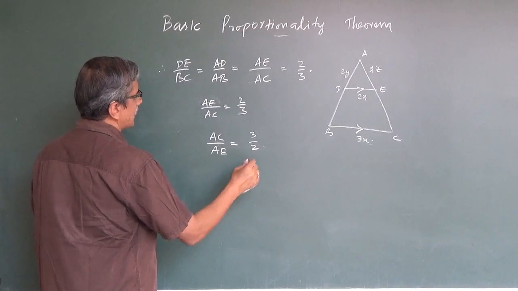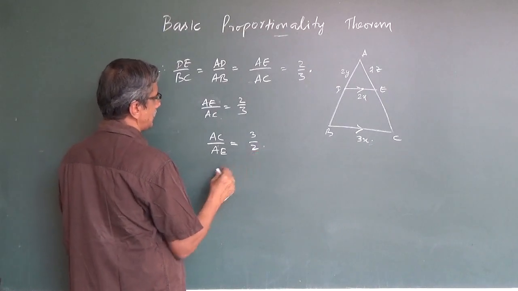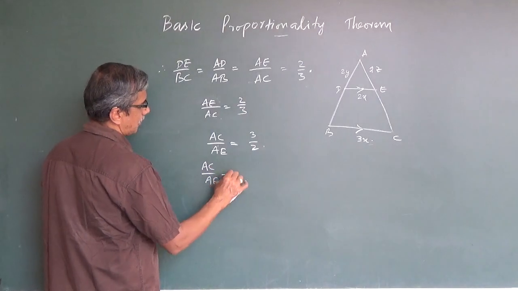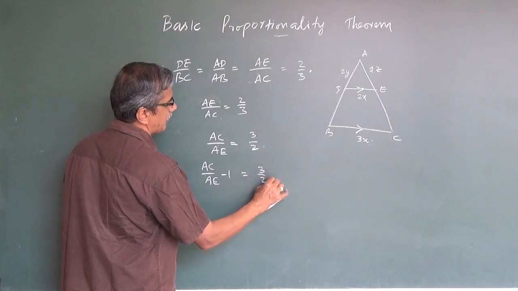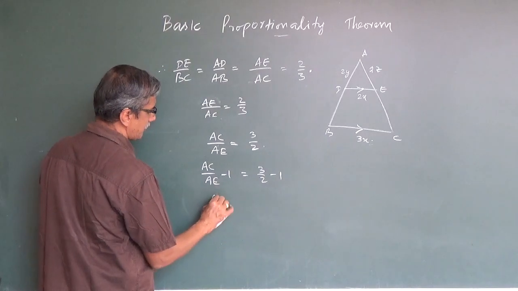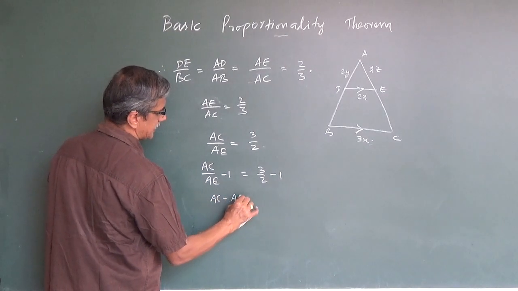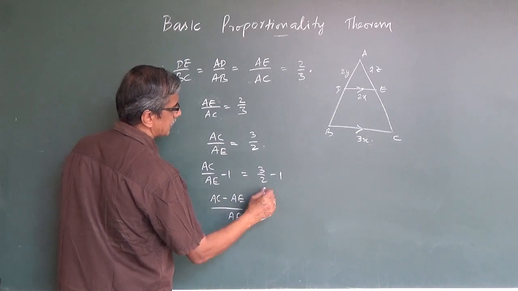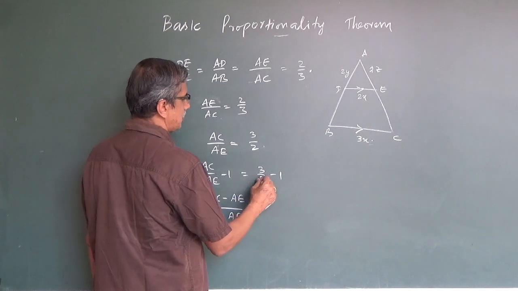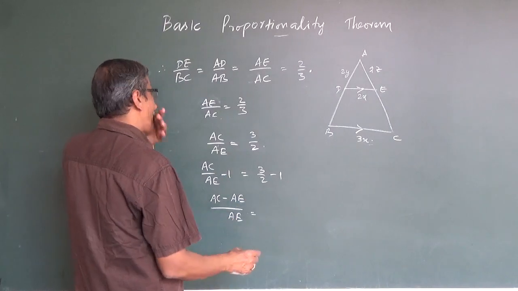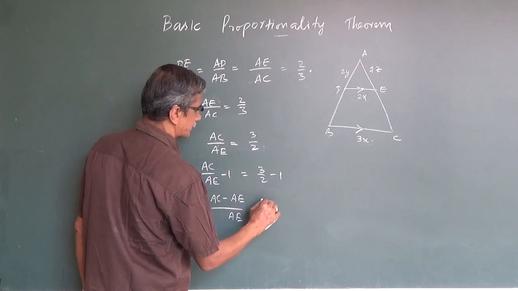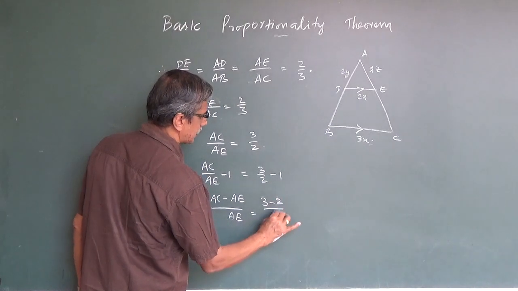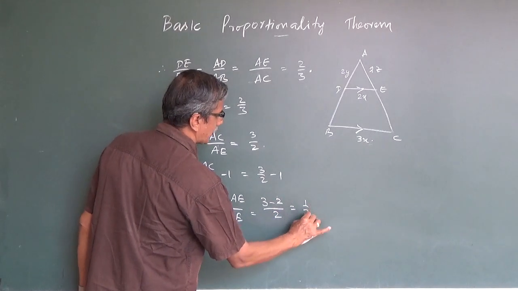I can subtract 1 from both the sides. So AC by AE minus 1 is equal to 3 by 2 minus 1. So this will become AC minus AE divided by AE is equal to 3 minus 2 by 2, so it will become 1 by 2.